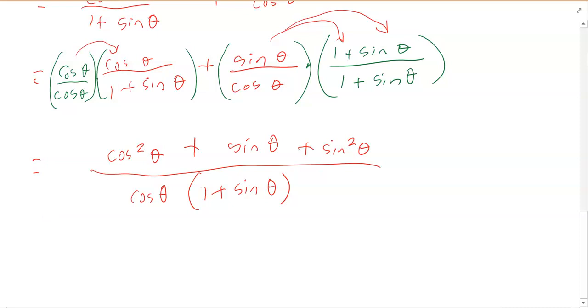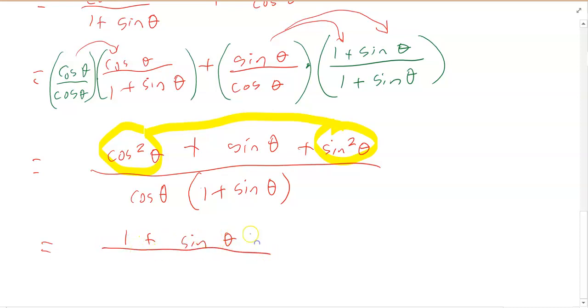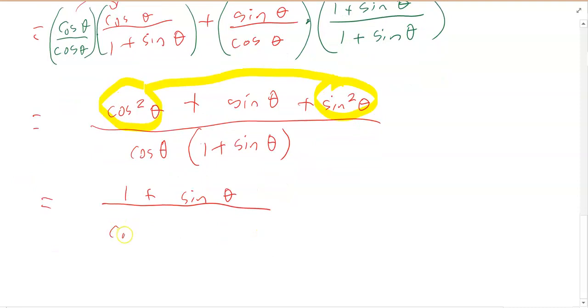Now we know from the Pythagorean theorem that cosine squared theta plus sine squared theta is equal to 1. So then we can simplify the top part to become 1 plus sine of theta. And the bottom we have cosine theta times 1 plus sine of theta.